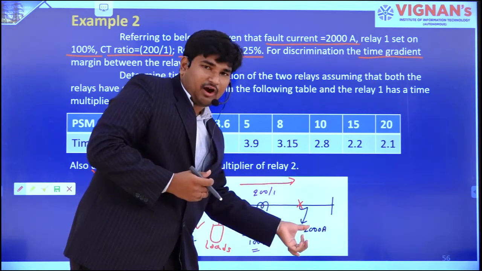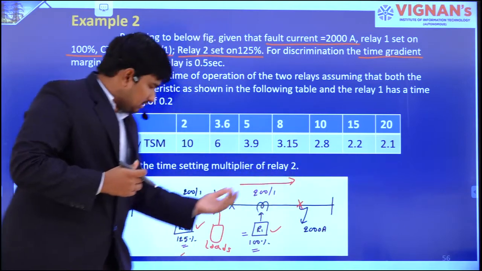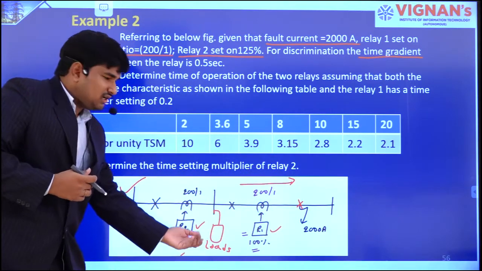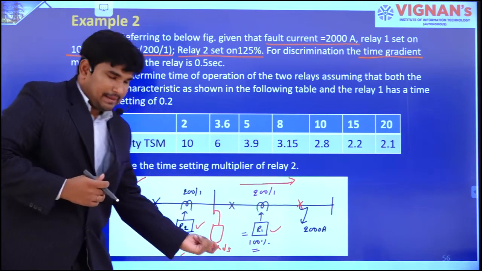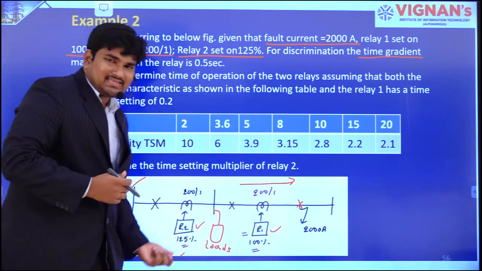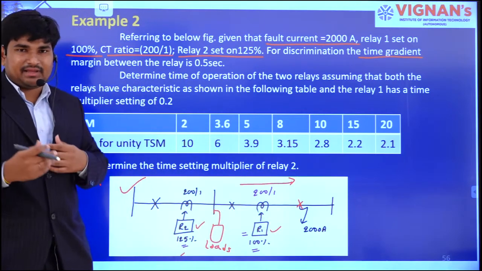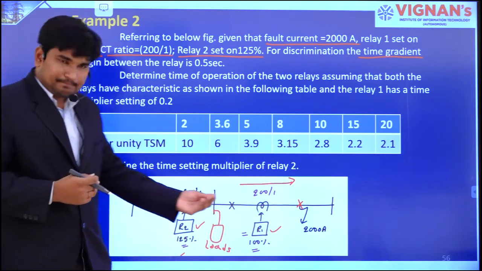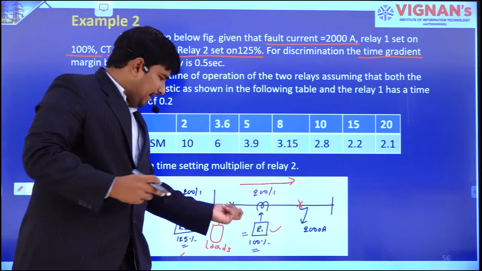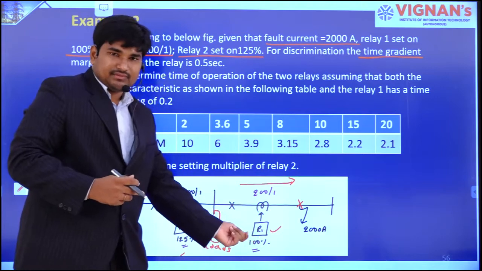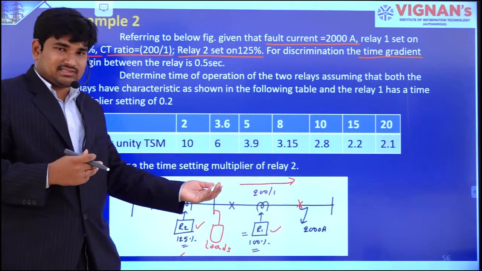Because the fault occurs at one place, the loads which are not in this area will also suffer, because these two relays operate at the same time. If instead I provide some time delay between these two, how this time delay is provided, let us see in the next sessions.